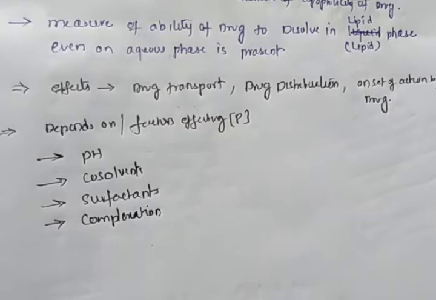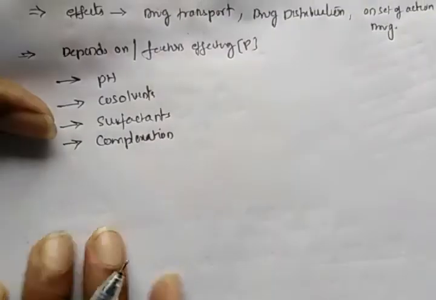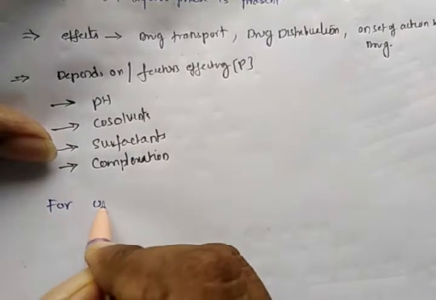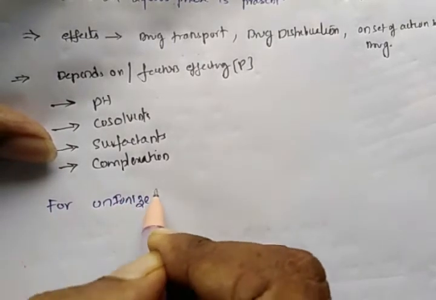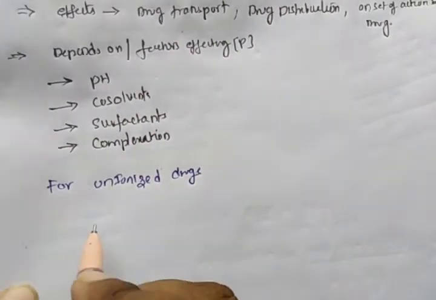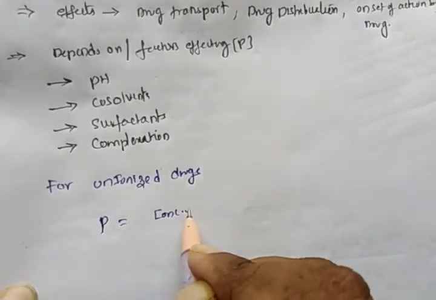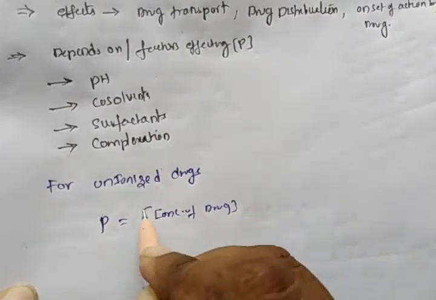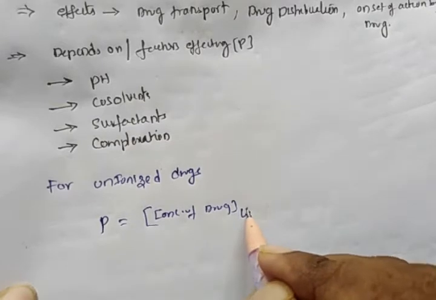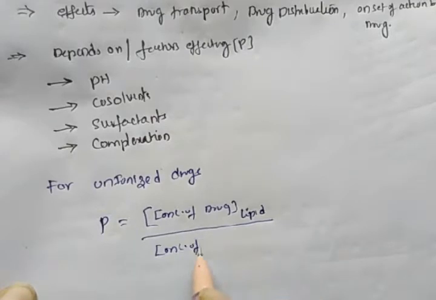Generally, for unionized drugs, the partition coefficient is equal to the concentration of the drug in lipid phase divided by the concentration of the drug in water.